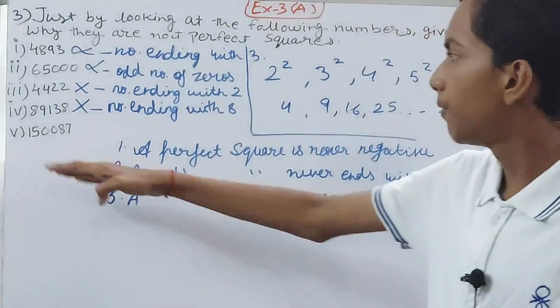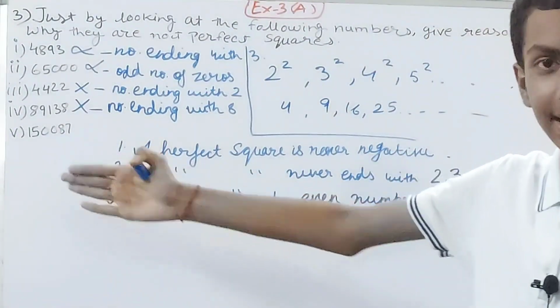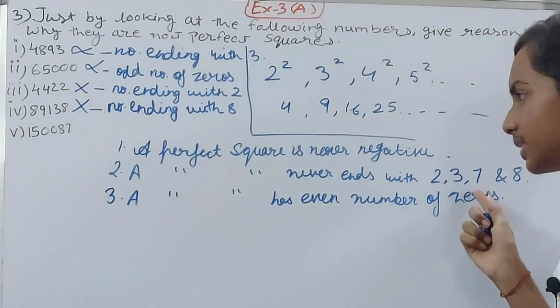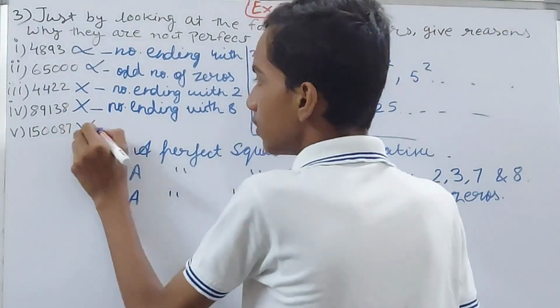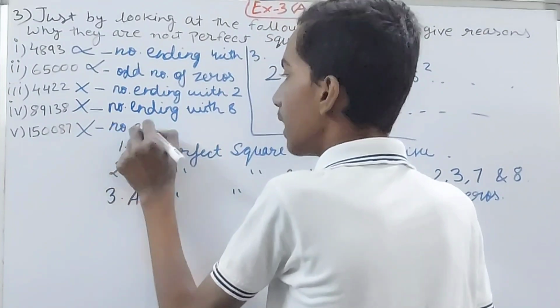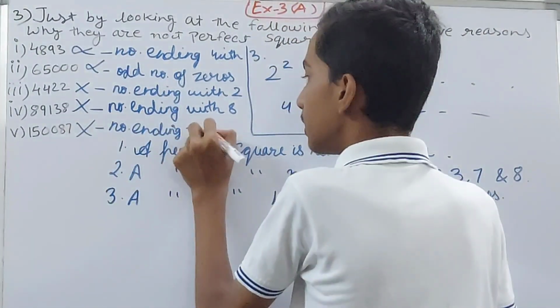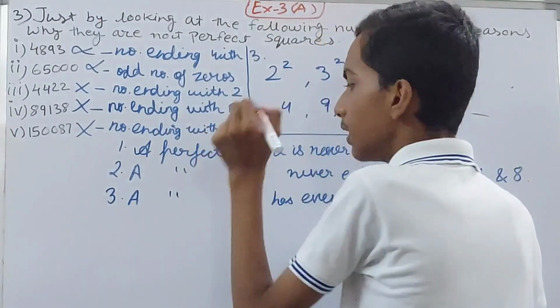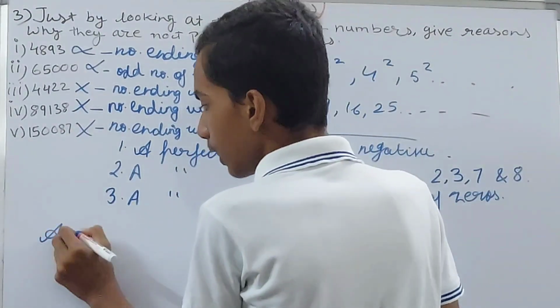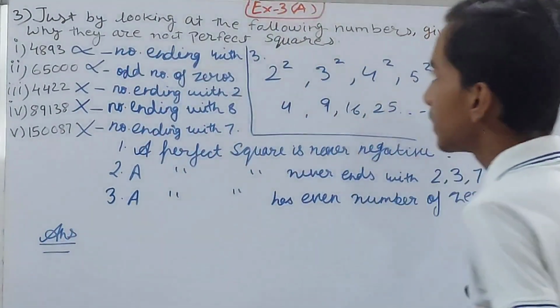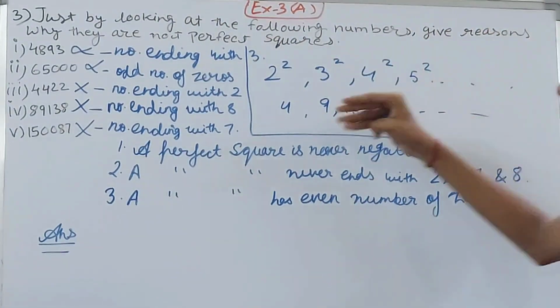Then this one, 1,50,087, is ending with 7. So again it's not a perfect square, and the reason is the number is ending with 7.